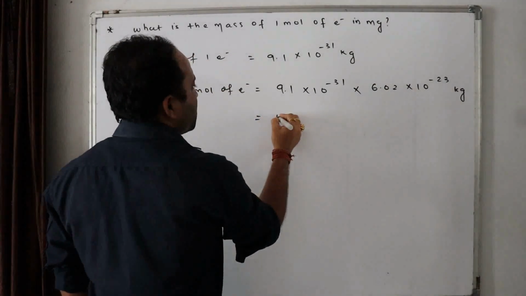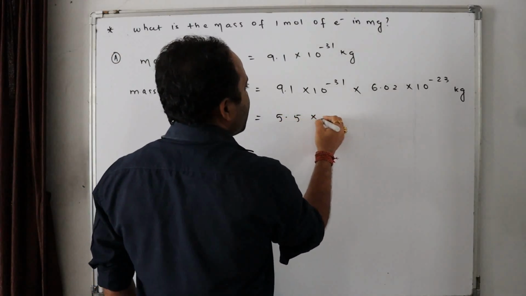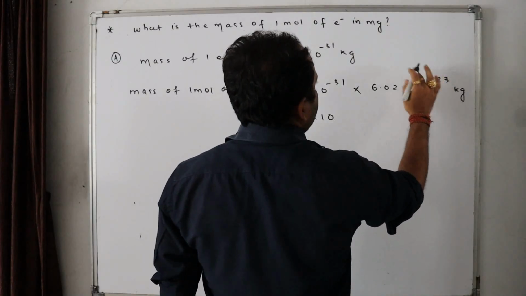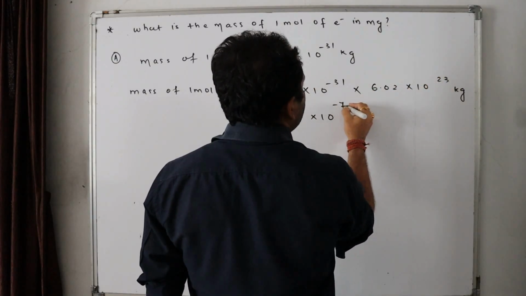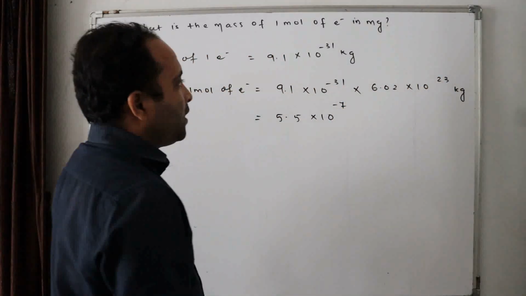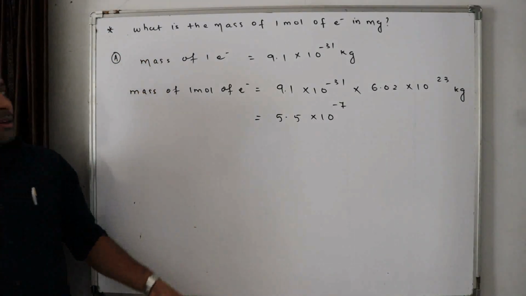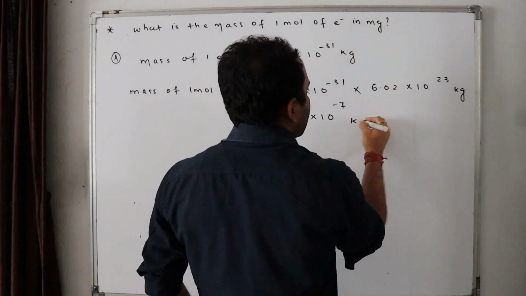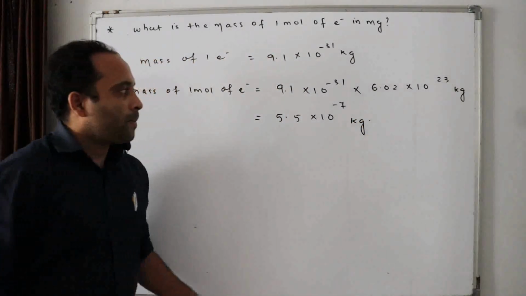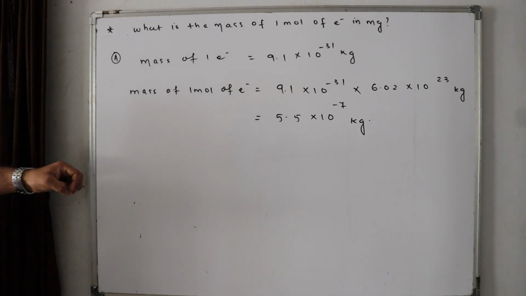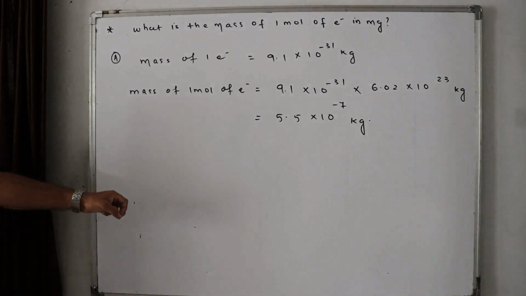Now it comes approximately 5.5 into 10 to the minus 7 kg. Please check it out. Is it 5.5 into 10 to the power minus 7 kg?